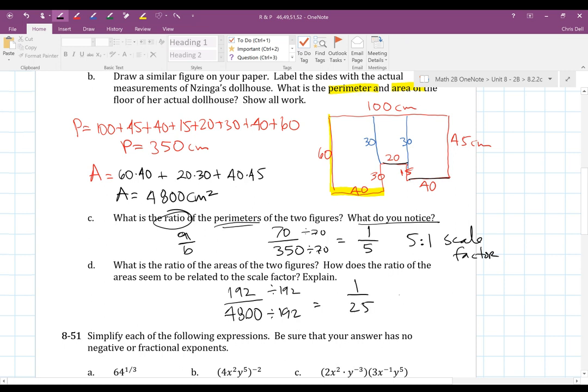So once again, my ratio is 25:1 for the area scale factor, and 25 comes from 5 squared. So 5 squared, which makes sense because area is always square units. So the area is 5 squared the amount of the actual scale factor. Okay. All right, there we go.